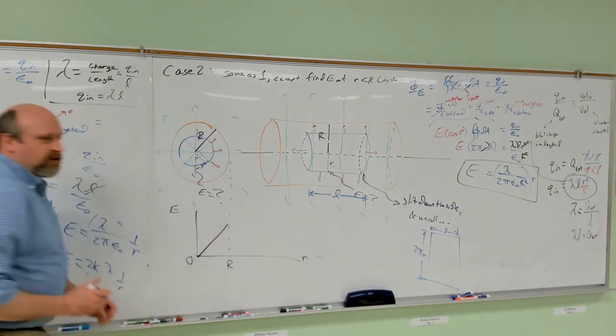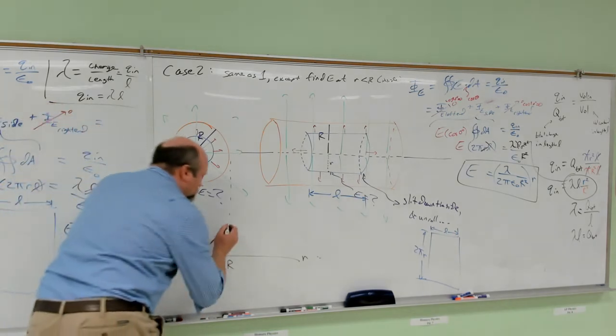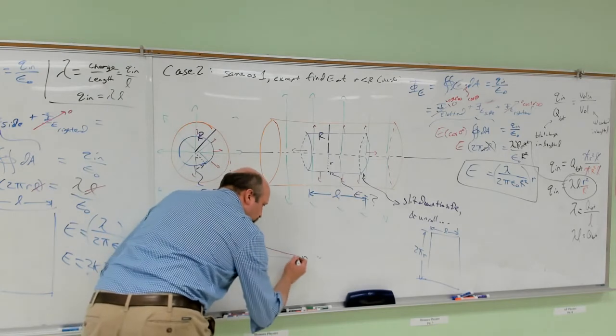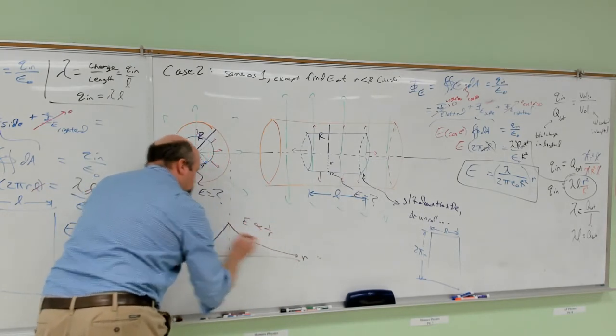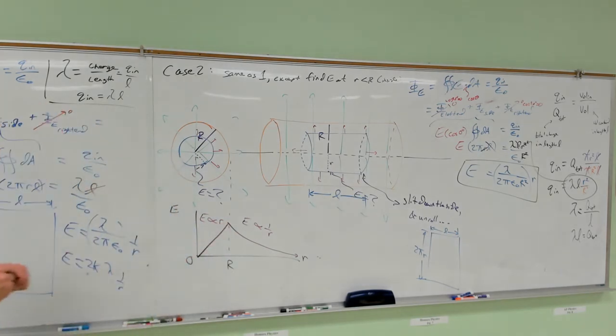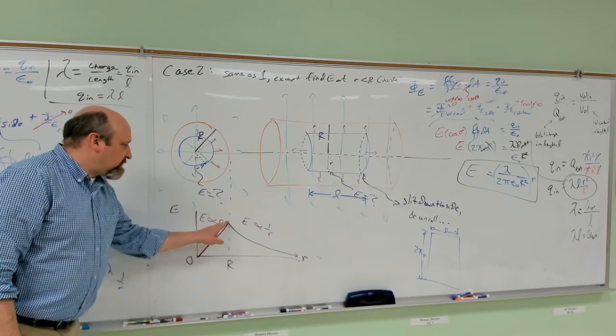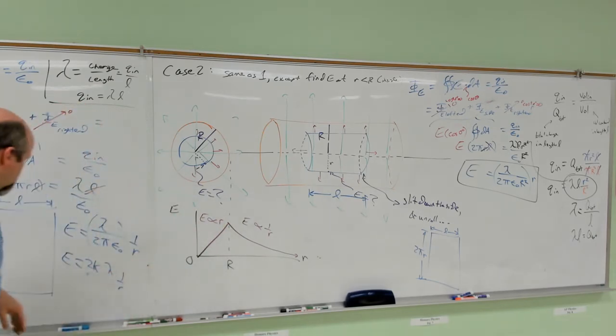What about once I'm outside? When I'm outside, it's proportional to 1 over r. So we're going to have a 1 over r curve, and proportional to r on the inside. Okay. Could we verify that those match up and meet up perfectly? Yeah, we could.